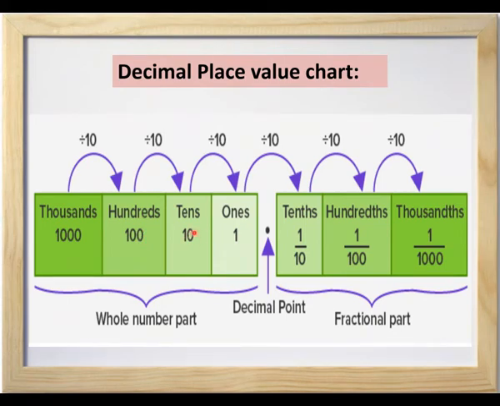When we divide 10 by 10, we get 1. When we divide 1 by 10, we get 1 by 10. When we divide 1 by 10 by 10, we get 1 by 100. And when we divide 1 by 100 by 10, we get 1 by 1000. That means the place values decrease 10 times as we move from left to right. Did you all understand, children? Is it clear to you all?